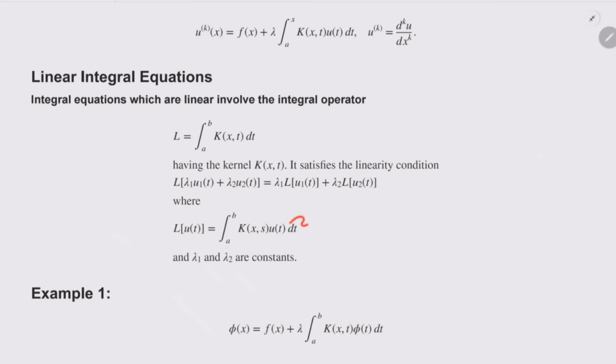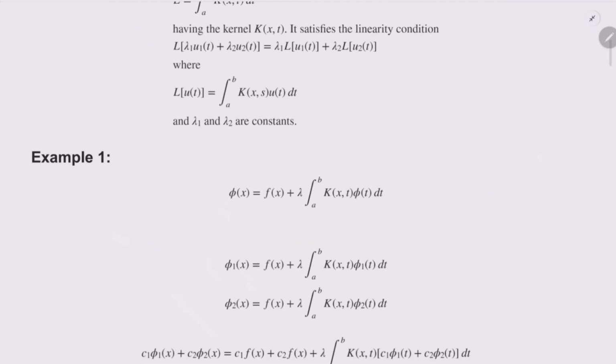If somehow there could be u square, then that integral equation is non-linear. Here you can see that we have fixed limits, so this is Fredholm, and there is only phi. On the right hand side, we also have phi without any power.